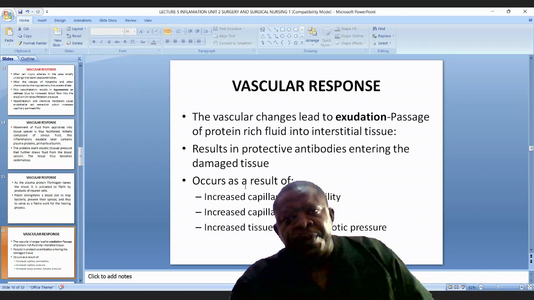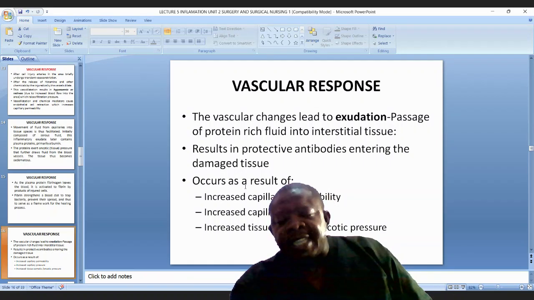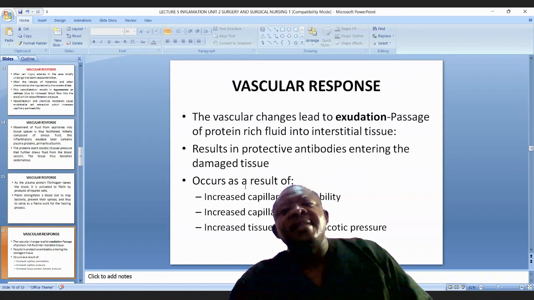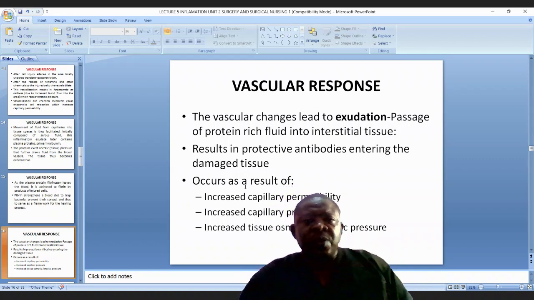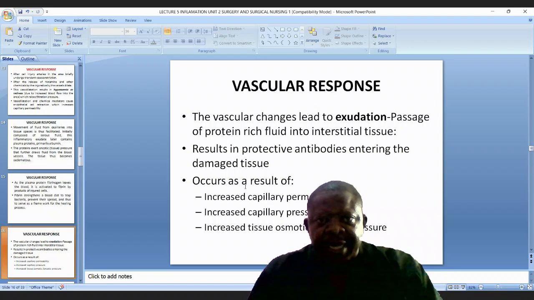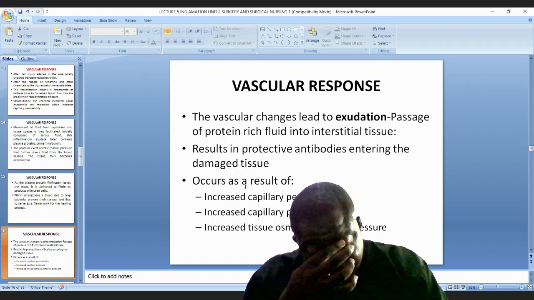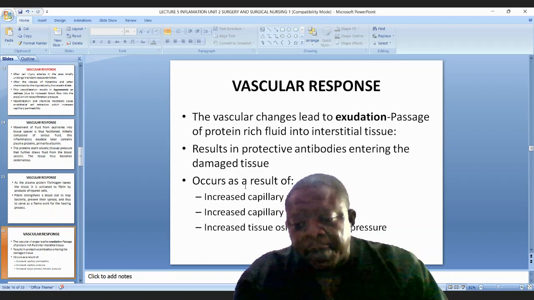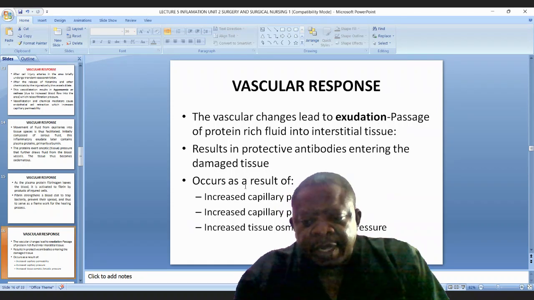So there will be exudation. Exudation is one of those characteristics which we see in a vascular response to do with wound healing. Okay, the protein escape into interstitial space. So that is the vascular response there.